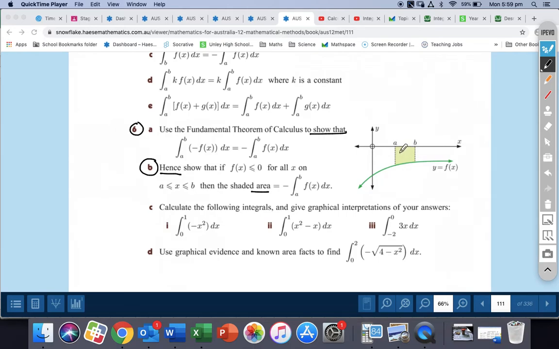There's the area. They're saying that the area would have to be minus of the integral. Now, what you may not have seen yet is that integrals where the function is below the x-axis come out to be negative.